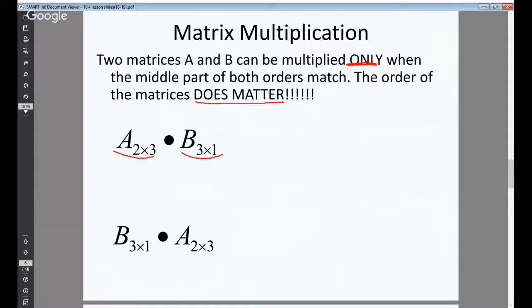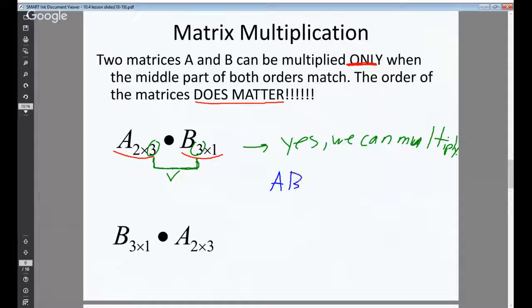Now, the only way to determine if you can multiply two matrices is if their middle dimensions match. And in this case, since the middle dimensions are 3, that means we can multiply. So yes, we can multiply. And something else you need to know is, okay, so what if I can multiply A and B together?